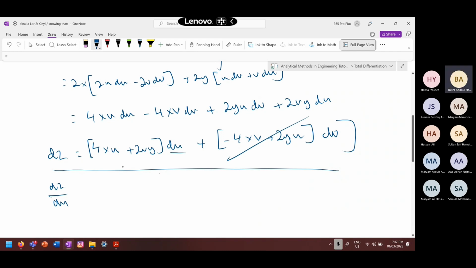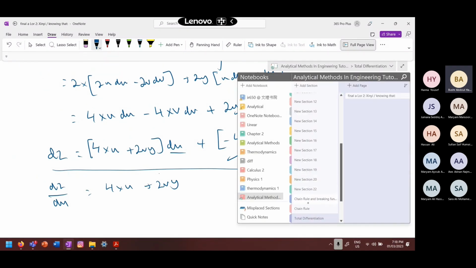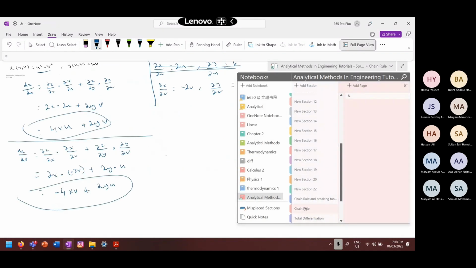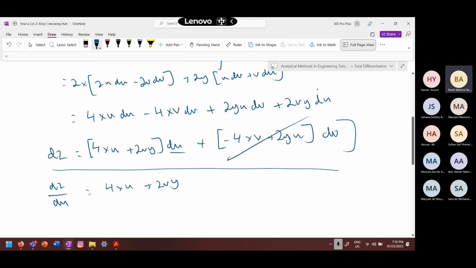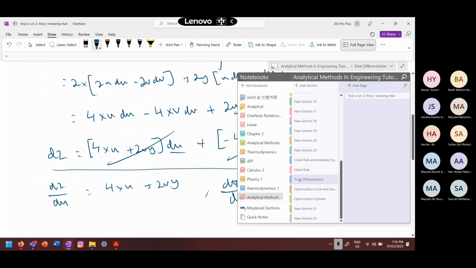That's your value here, 4xu plus 2vy. That's your value. Compare it with the question that we solved before. You'll find it the same. dz du, it's exactly the same. The same thing if you're asked to find dz over dv. You cancel this, you keep this one. You'll get the same answer that we did before.